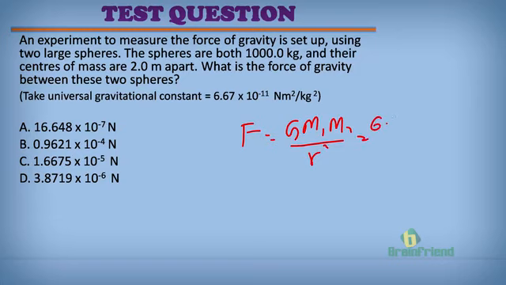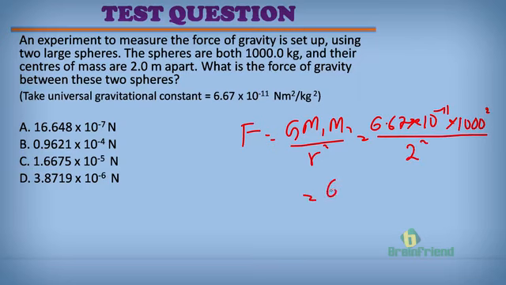Where G is 6.67 times 10 raised to the power minus 11. And we have m1 is 1,000, m2 is also 1,000. So we can say 1,000 squared all over r squared. The r is 2 meters apart, which is 2 squared.